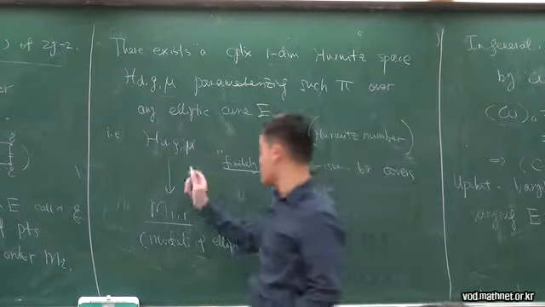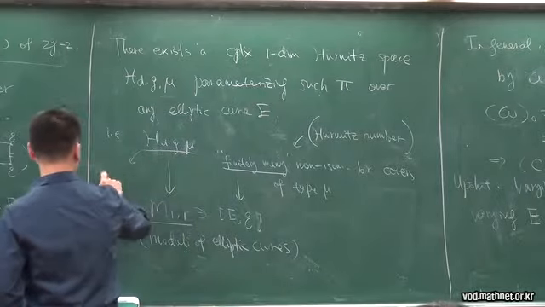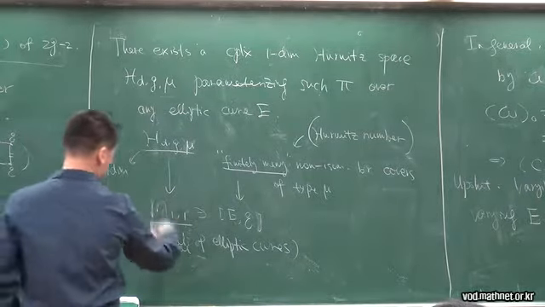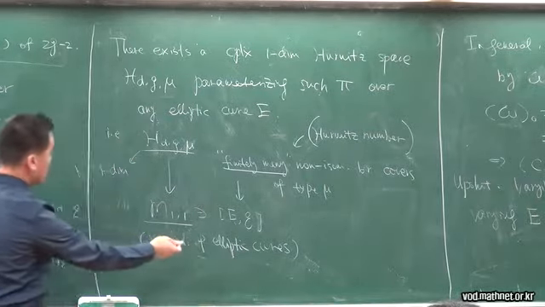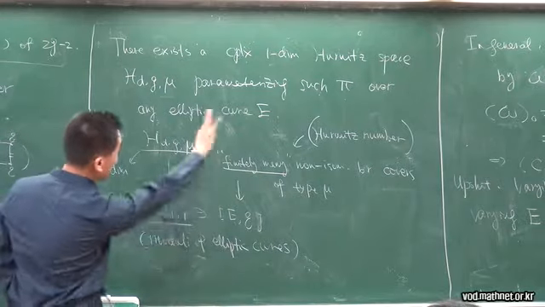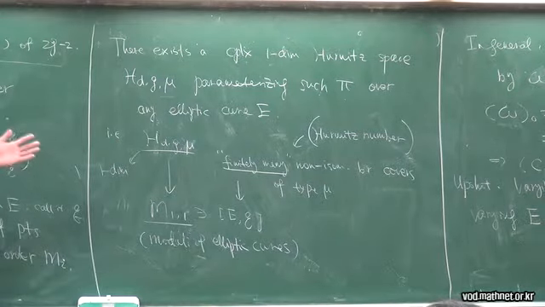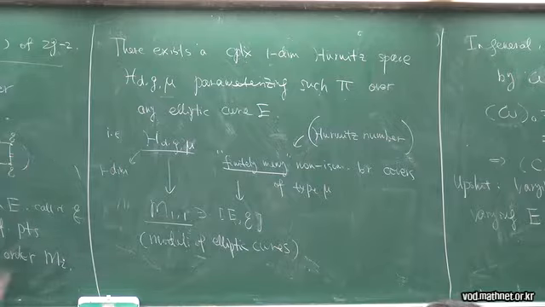In particular, it tells us that this space is also one-dimensional, the same dimension as the moduli space of elliptic curves. And it is also algebraic, because there is a general theory for Hurwitz spaces of branch covers: you can have an algebraic structure associated with it.